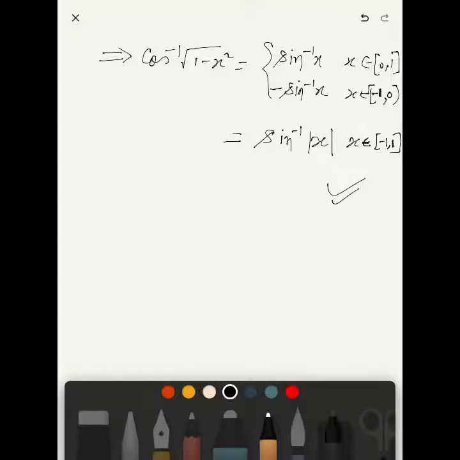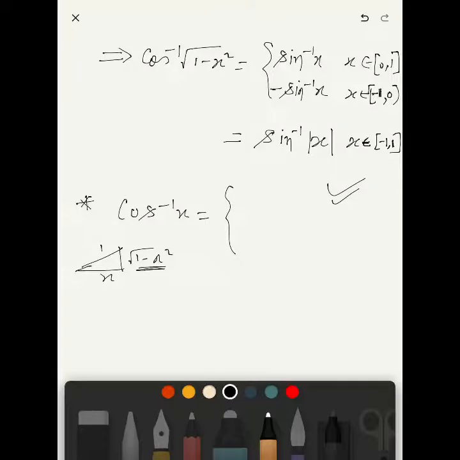Let me convert in a similar fashion. This is the other question. Cos inverse x is equal to, directly from the triangle, cos x is x by 1, so the other side will be under root 1 minus x square. Now in case of sine, how will it look?